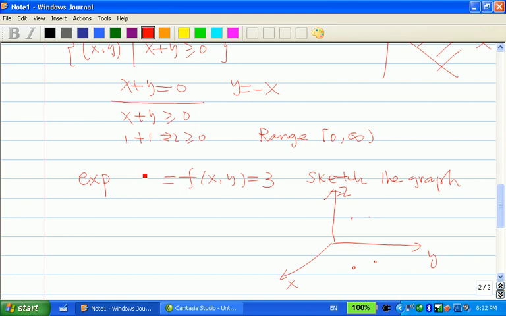I suggest you always put a z there. So f(x,y) equal to 3 means this function you can also write as z equal to 3. So what is z equal to 3? Obviously, it is a plane. This plane is parallel to the xy plane, and the distance to the xy plane is 3 units. Obviously, every point on this plane has x, y that can be anything, but z must always be 3.